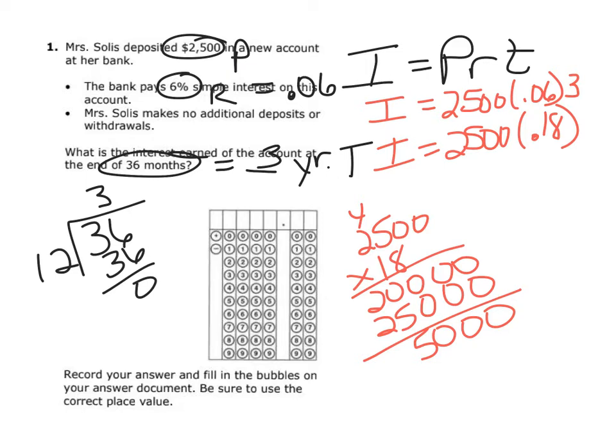Then I'm going to add my 2 decimal places, and that's going to be $450. So my interest, or Mrs. Solis's interest, will be $450.